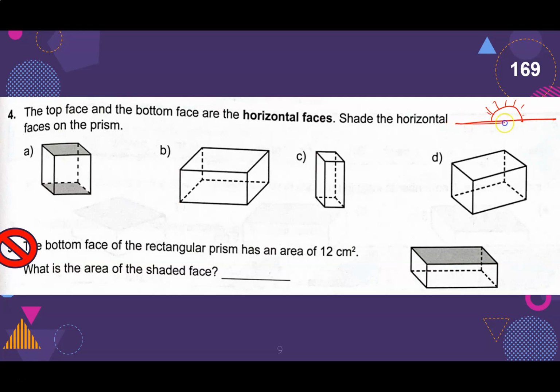So horizontal is the flat surfaces, not the vertical surfaces going up and down. So in B, we have one horizontal face on top and another on the bottom. Please try C and D on your own, and then you may cross out question 5.